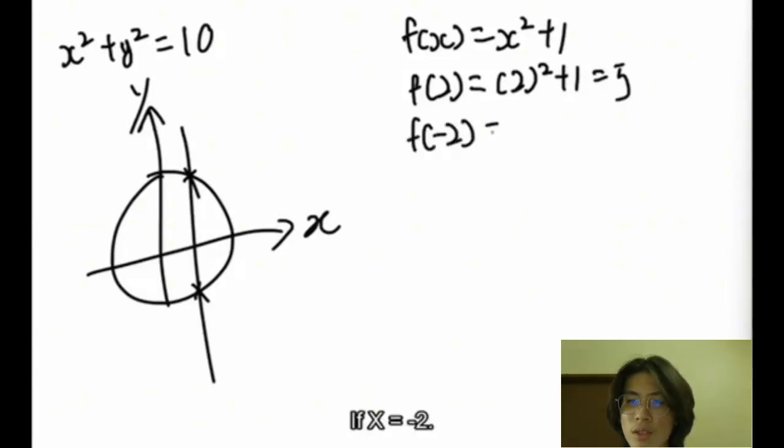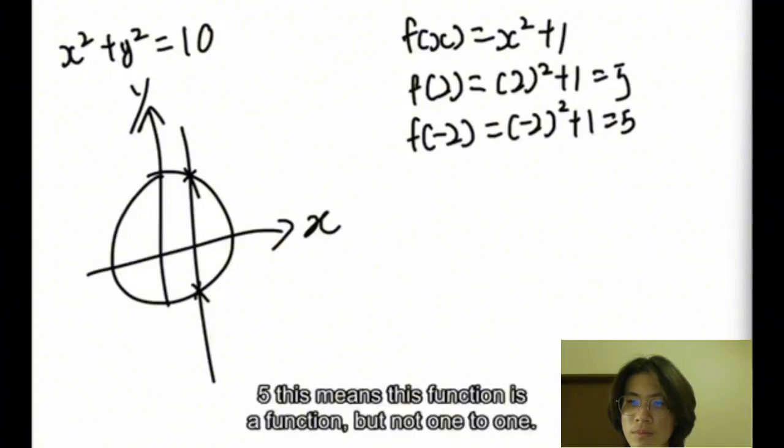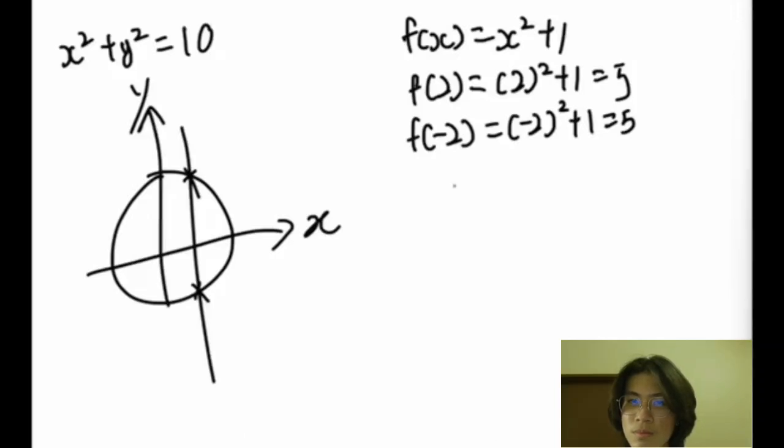If x equal to negative 2, so both 2 and negative 2 give the same output, 5. That means this is a function, but not one-to-one. The graph looks like this.